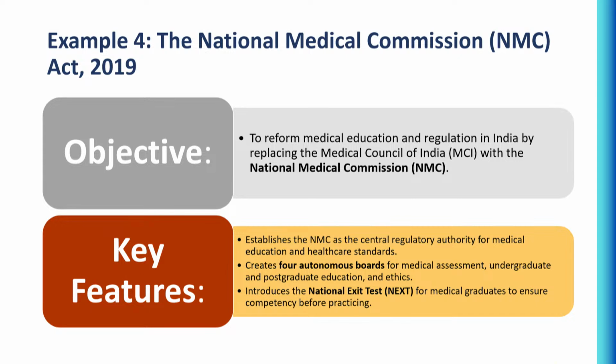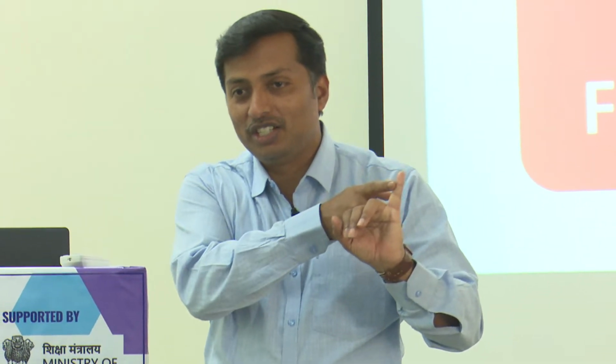This policy is about restructuring, so they replaced the Medical Council of India with the National Medical Commission. So that's what constituent policy is. So are we clear so far? What are the four types we looked into? Distributive, regulatory, redistributive, constituent. One of the smartest batches. Wonderful.